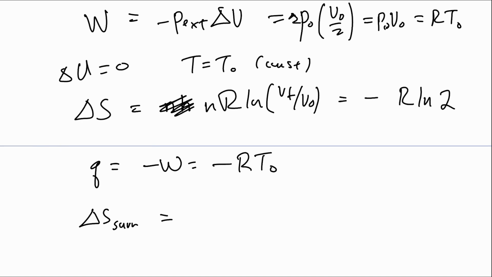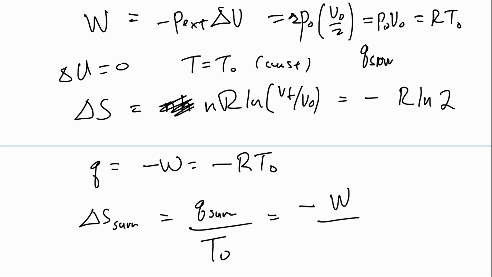It doesn't matter how I did it. So to do the surroundings part, I use what I actually did here. So that's going to be Q of the surroundings divided by T naught, which is minus W over T naught.